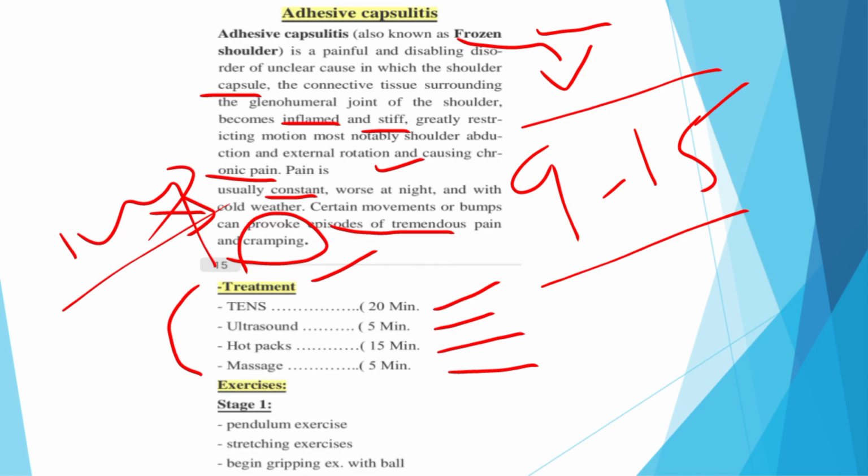The exercises are of the following stages. In stage 1, we can go for pendulum exercises to improve the range of motion, stretching exercises for shortened and tight muscles and the joint, and begin gripping exercises with the help of a ball for strengthening. This is our stage 1 protocol.